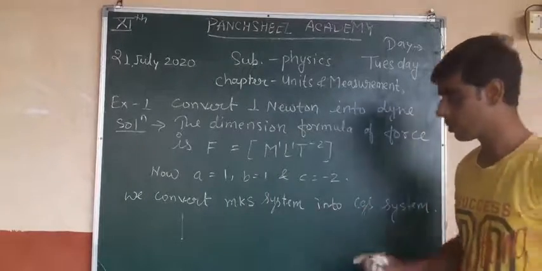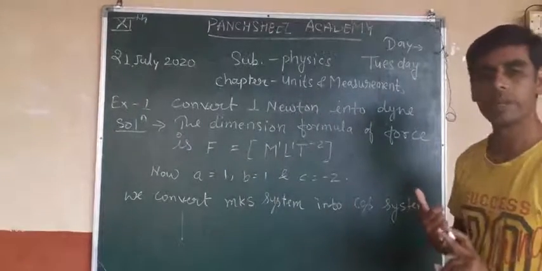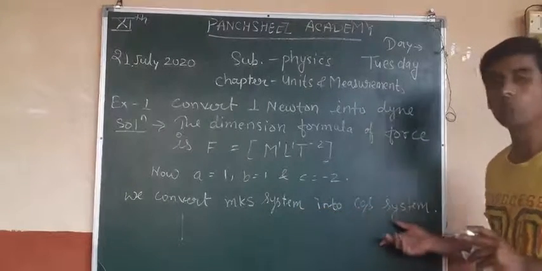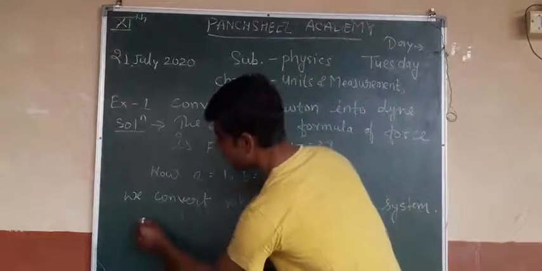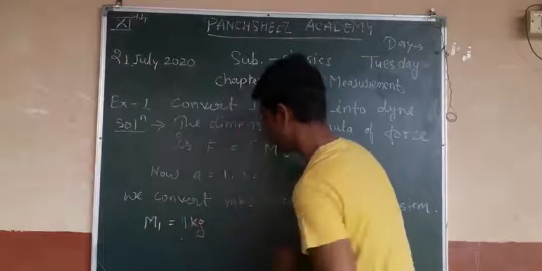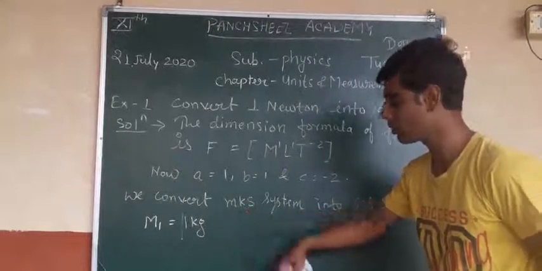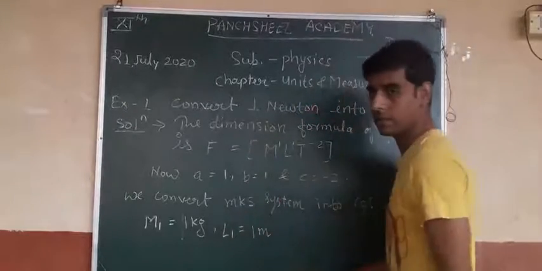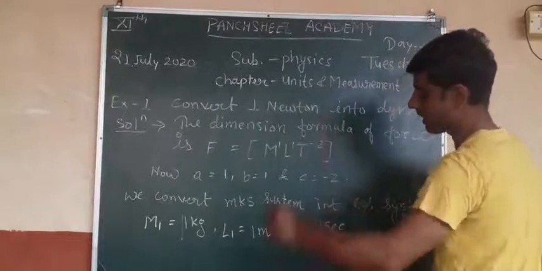Okay. So here we have two units. First U1 is in MKS and U2 is in CGS. So I write here M1 equal to what? 1 kg, because in MKS system the mass is measured in kilogram. Okay. L1 equal to 1 meter and T1 equal to what? 1 second.